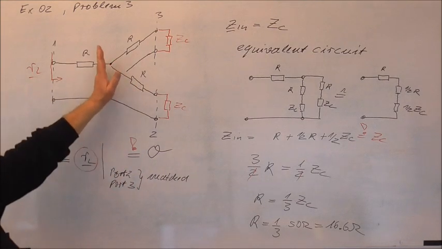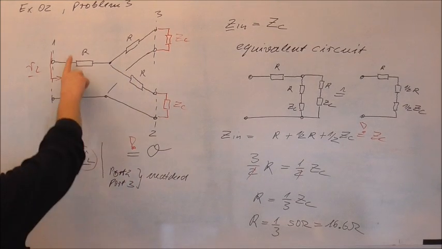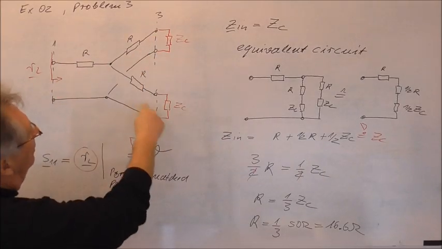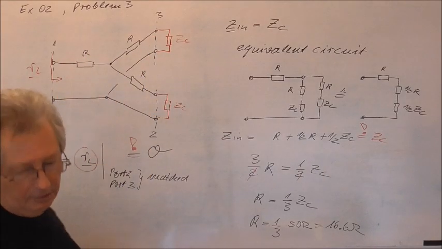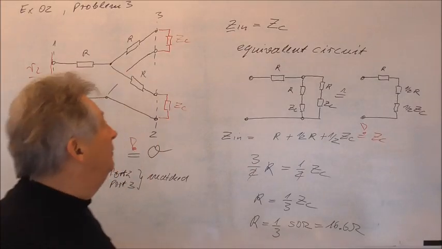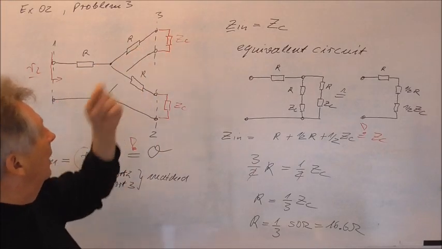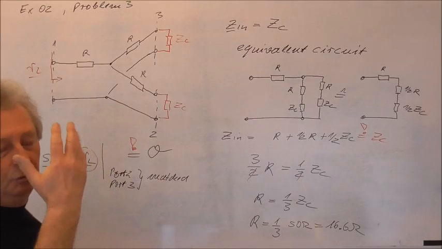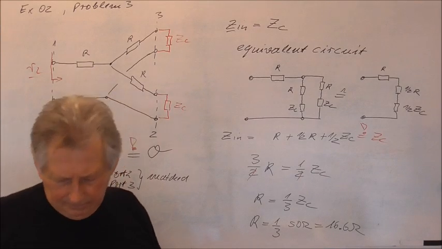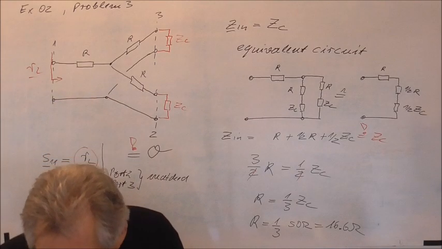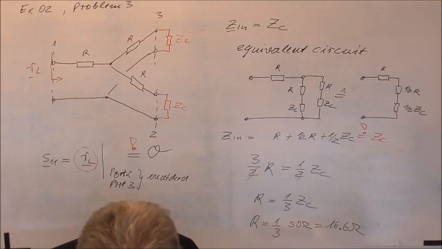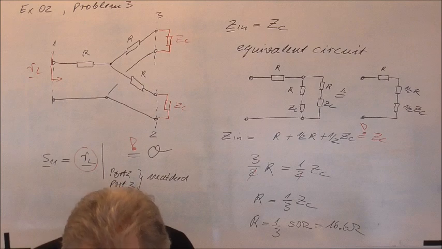Because of the total symmetry, you see, if I interchange port 1 and port 3 or so, we have a total symmetry. So if we realize this for port 1, it's also realized for port 2 and port 3, due to the rotational symmetry. Are there further questions? No.